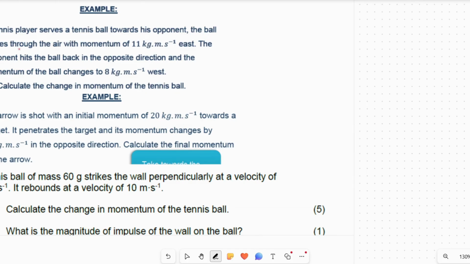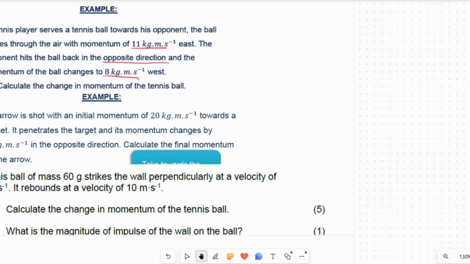The ball moves through the air with a momentum of 11 kilogram meters per second east, and then the opponent hits the ball back in the opposite direction, and the momentum of the ball changes to 8 kilogram meters per second to the west. So that is what we are given here.